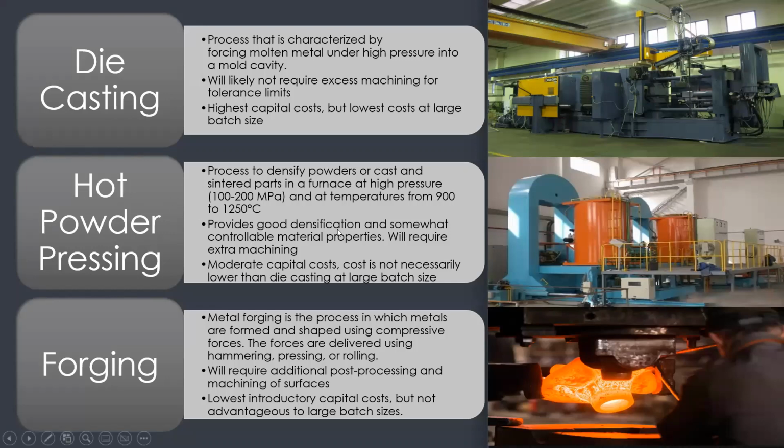Furthermore, hot powder pressing would provide good densification and more controllable material properties, but again requiring extra machining, with moderate capital costs, but not necessarily lower unit costs compared to die casting at excessively large batch sizes. And finally, forging would require the most post-processing in terms of machining and heat treatment. However, it would have the lowest introductory costs, but would not necessarily be advantageous with very, very large batch sizes.